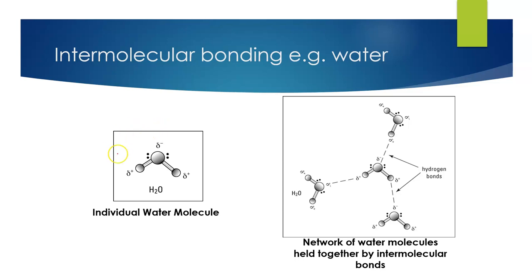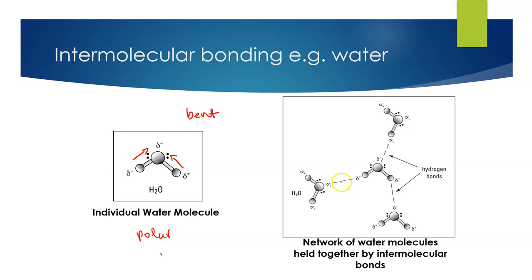We know from our discussions on polarity that water is a polar molecule. Okay, we have a dipole here and a dipole here with an overall dipole because we have a non-symmetrical system. Okay, so the non-bonding pairs push down on the bonding pairs, giving it a bent arrangement. This bent arrangement means that the dipoles don't cancel out like we see in carbon dioxide, so we have a polar molecule.